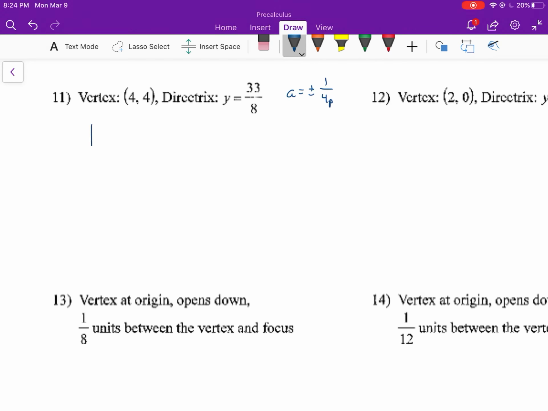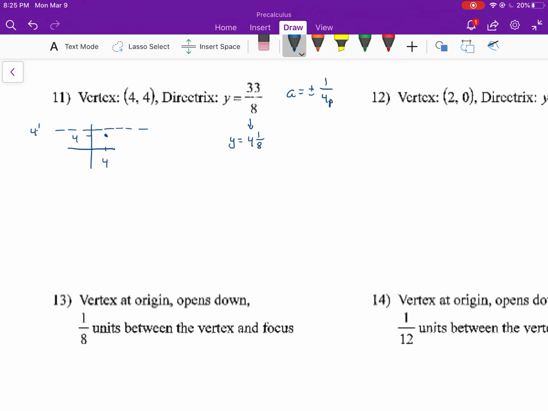A quick sketch: we have the vertex at 4, 4 and the directrix at y equals 33 over 8. Again, a mixed number will help. 8 into 33 is 4 and 1/8. So the directrix, which is a horizontal line, is y equals 4 and 1/8.